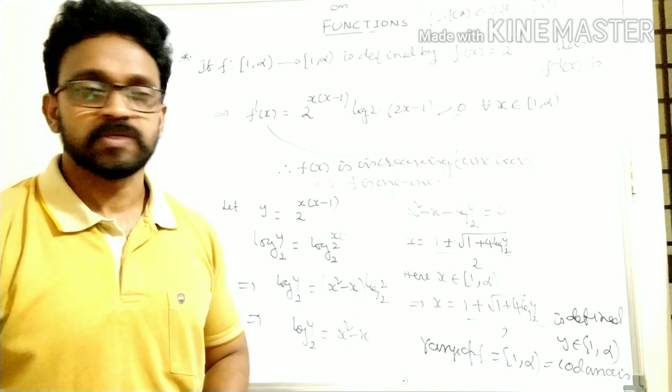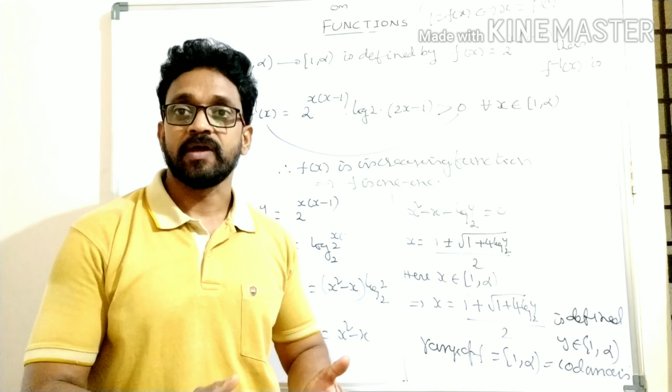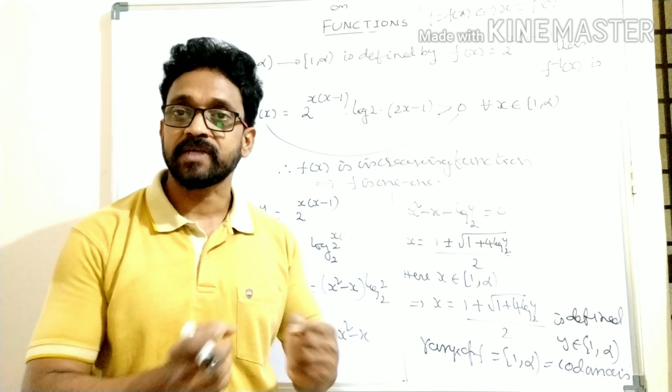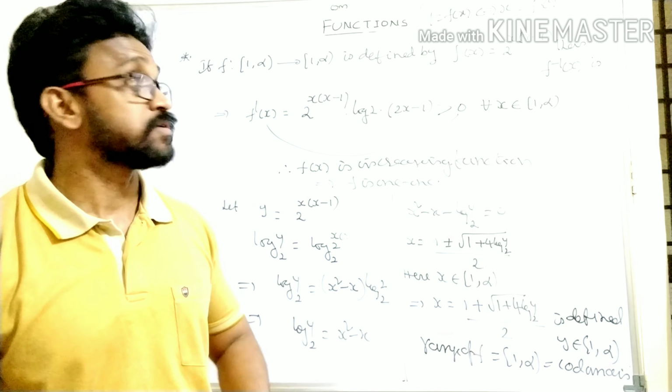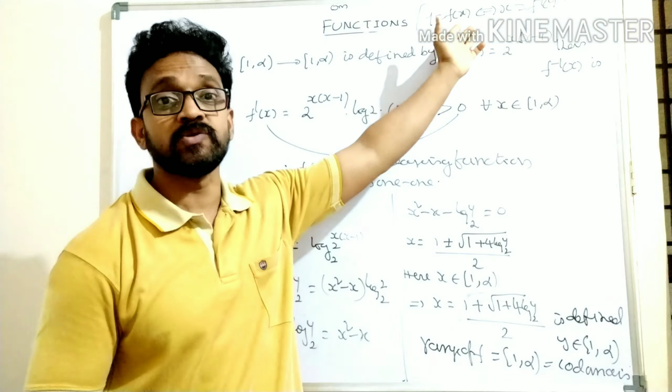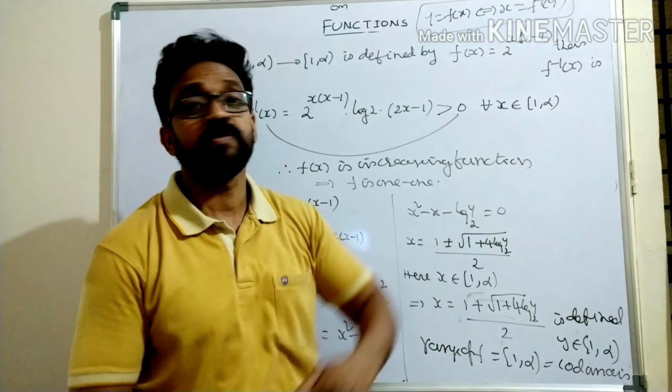So f is one-one and f is onto, so f is bijective. F is bijective means f has an inverse. Now how to write f inverse? Using this statement: y is equal to f of x if and only if x is equal to f inverse of y.